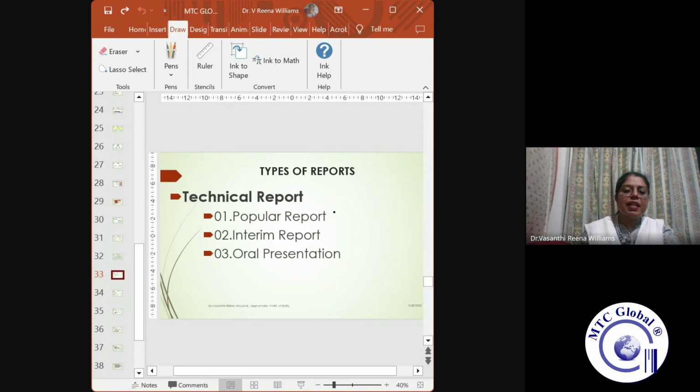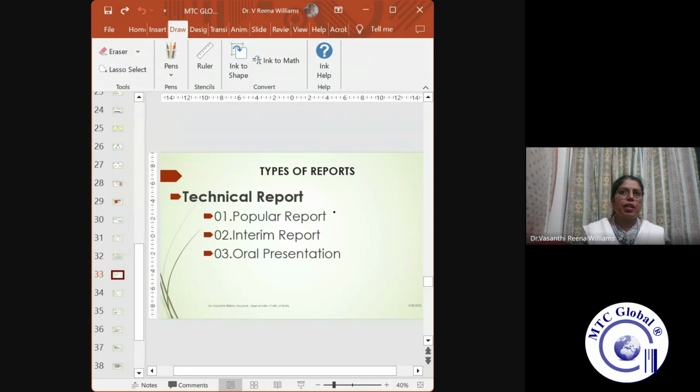Okay. The second is an interim report. What's an interim report? It is between when you start your study and before the final conclusion, in between you're giving a report. Usually the interim report is not given when you're doing a job. It's not that it is not there, but more so when it is a funded project.